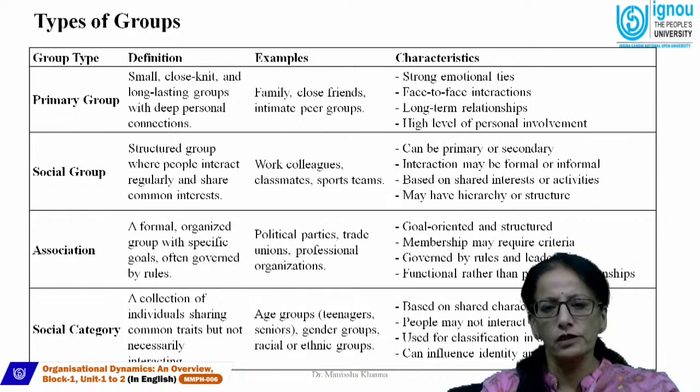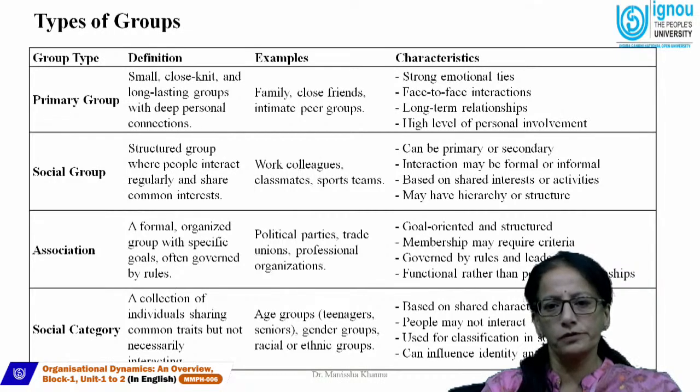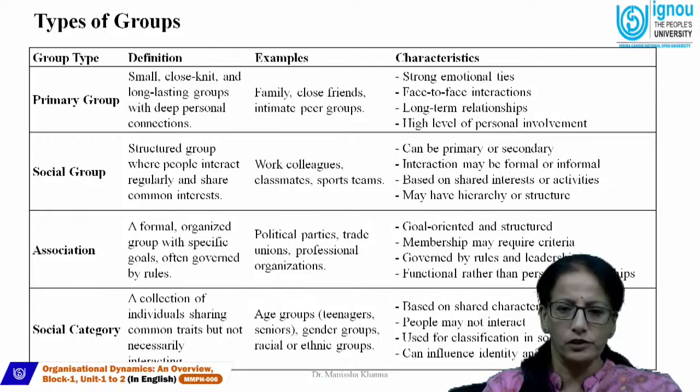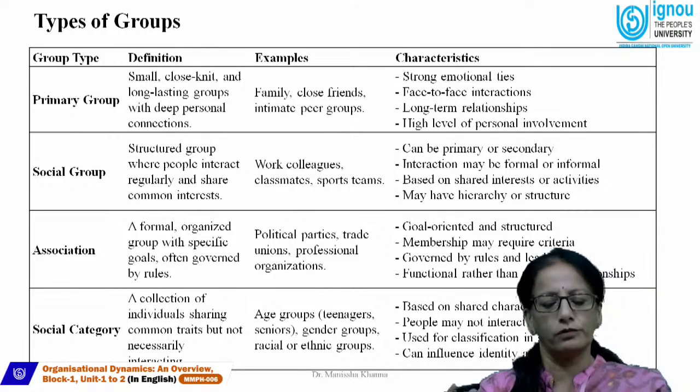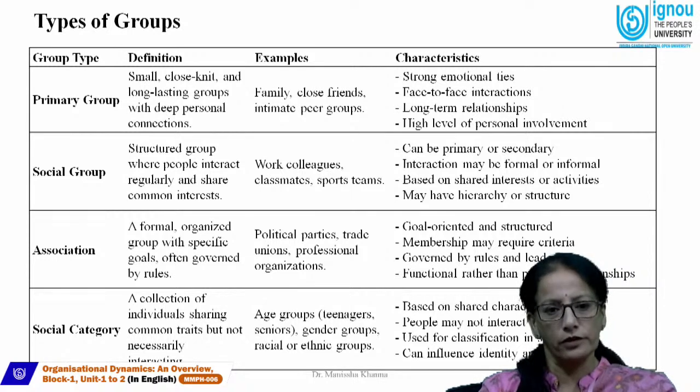So these are goal oriented, structured, and the membership may require some criteria. Here the rules and the leadership are very specific, very governed, and the relationship is functional rather than personal.